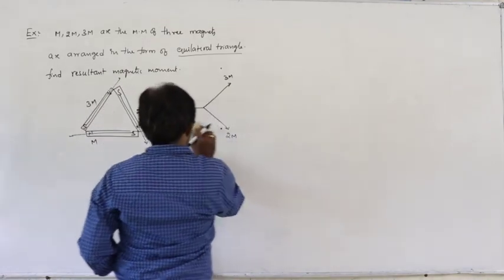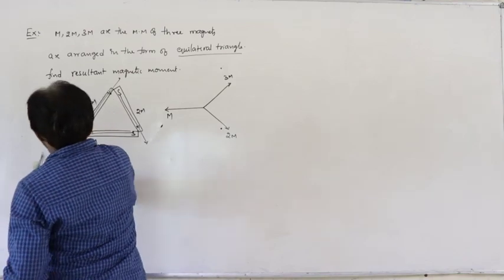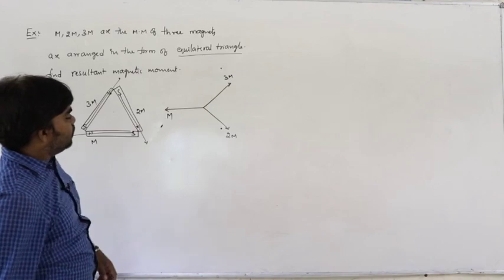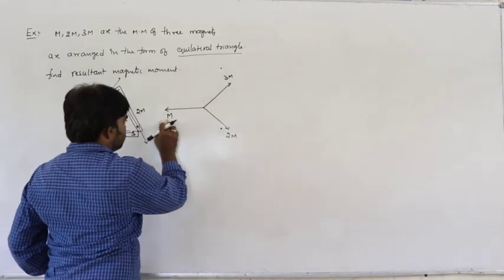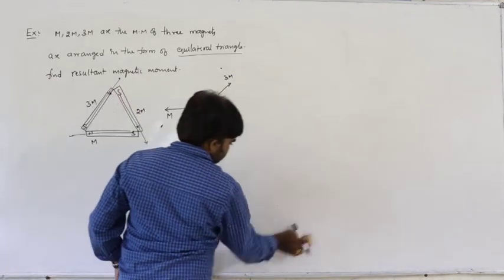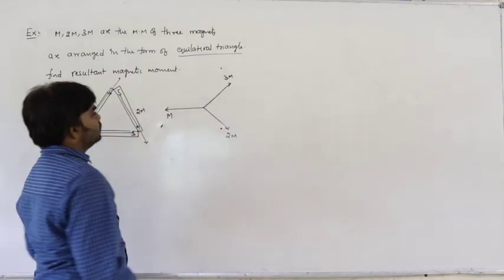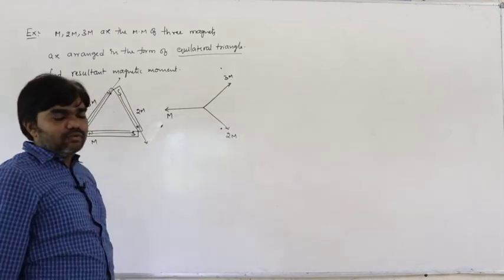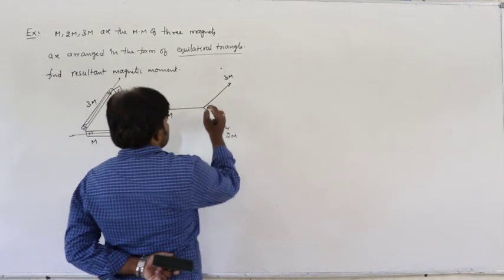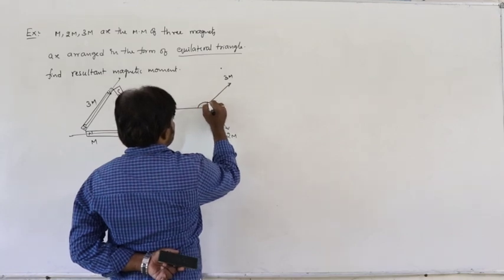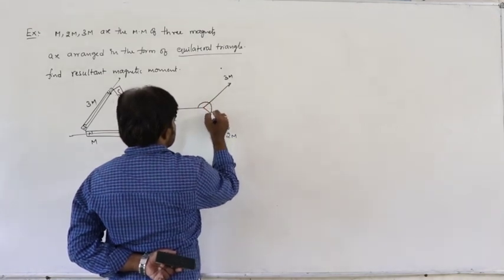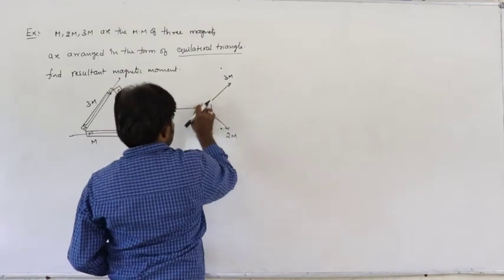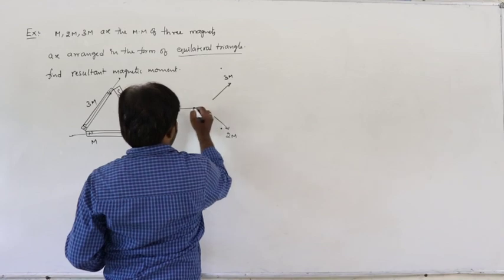Now, how can we calculate the resultant magnetic moment? It is an equilateral triangle, so the angle between any two is, sorry, 120 here. This is 120, this is 120, this is 120. So the total angle is 360, and that's why each angle is 120.